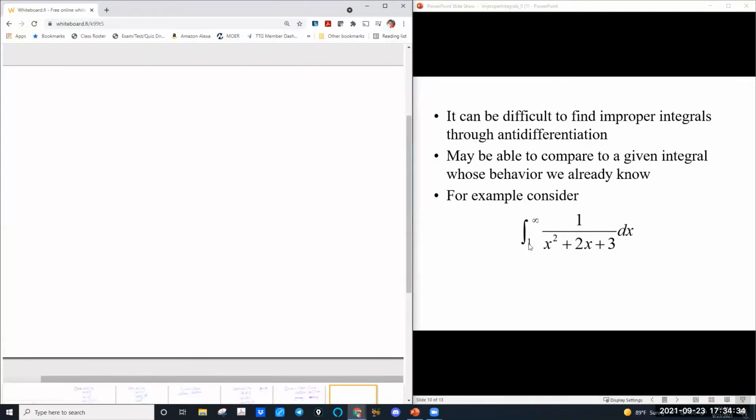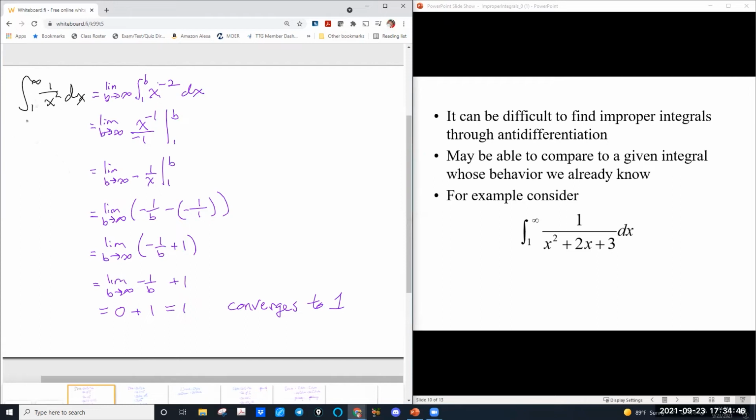For example, the integral from 1 to infinity of 1 over x squared plus 2x plus 3 dx. This is not as easy as the one that we worked earlier, but we know that these should behave similarly because x squared is the lead term.